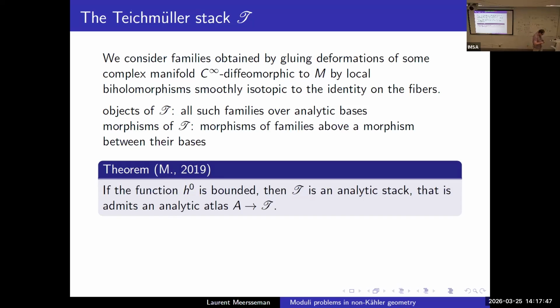Okay. So from my point of view, you just introduced the Teichmüller stack, which is just a bunch of all families you want to consider with fiber diffeomorphic to M. It produces a nice categorical structure.